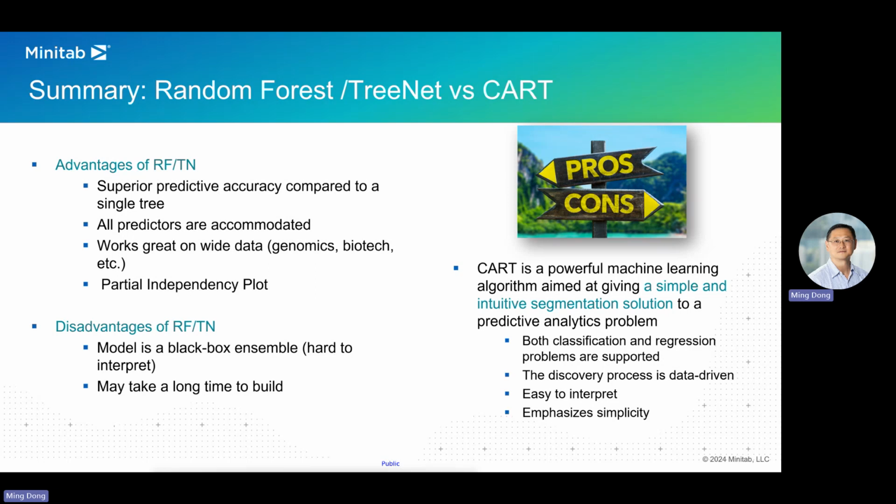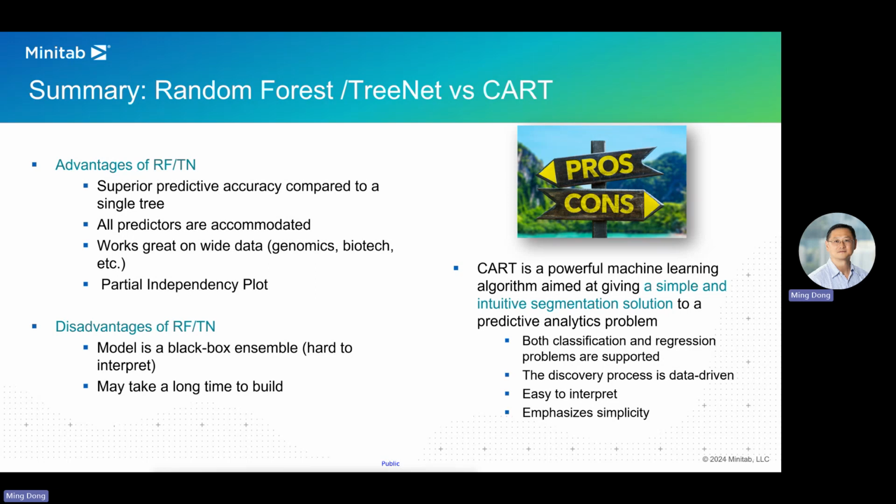They accommodate all the predictors. These algorithms work very well for wide data, like genomics and biotech. TreeNet also gives you partial dependency plots, showing the relationship between your key drivers and your Y.